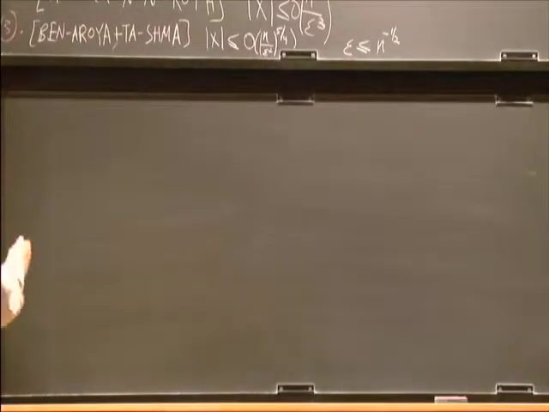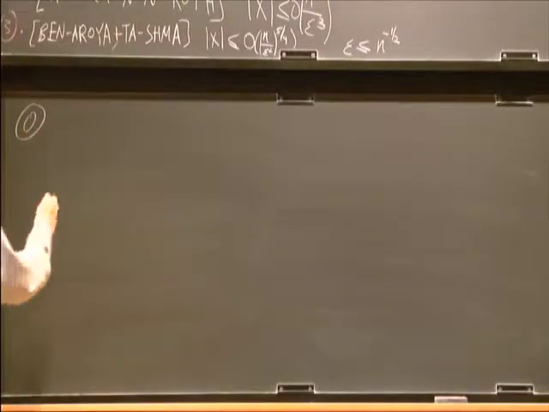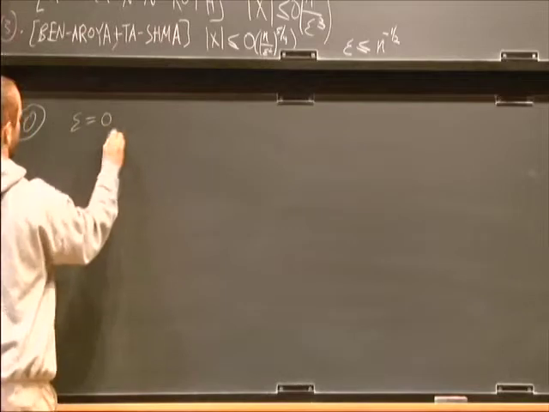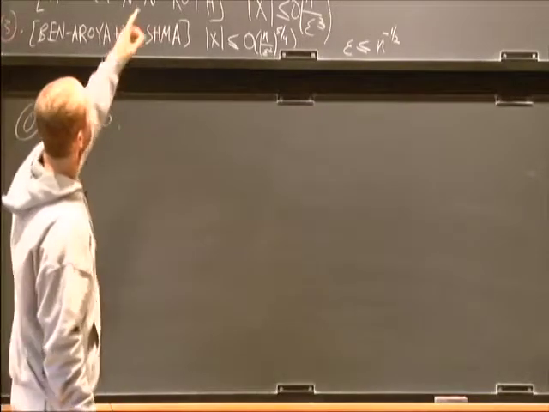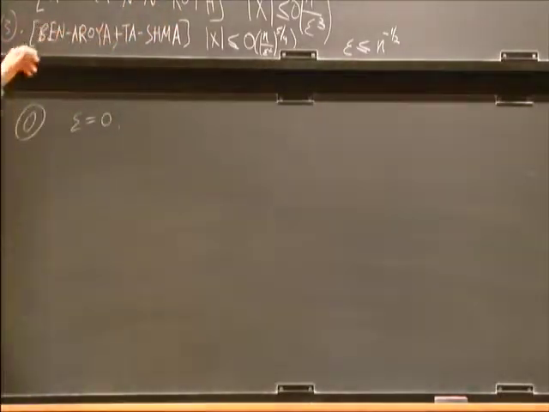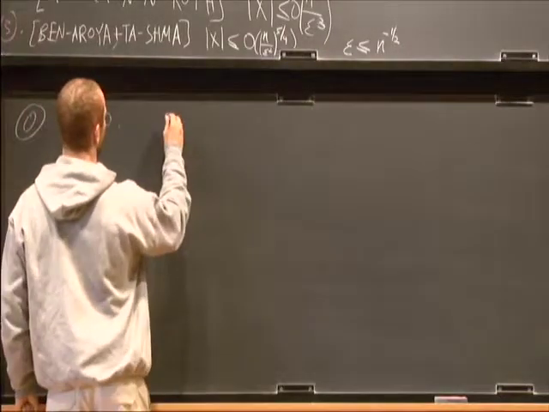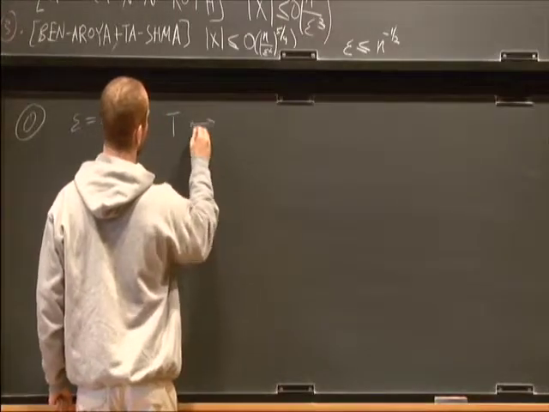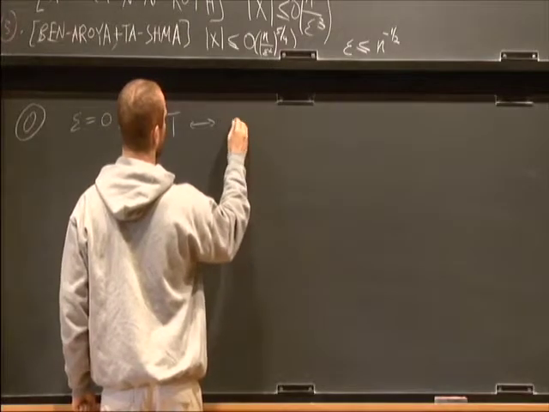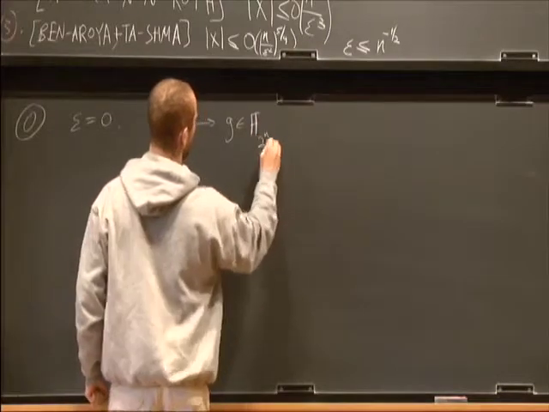Okay, so I want to start with the simplest thing, epsilon equal to 0. When epsilon is 0, then we have a lower bound of 2 to the n. So we can't do much. And what we will do, one way to do this is if we have this set T, then we will think of T as some G in F2 to the n.